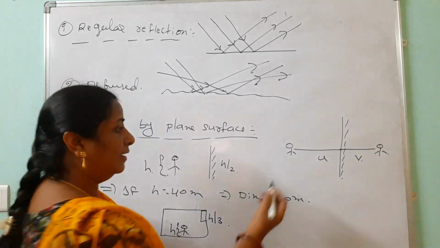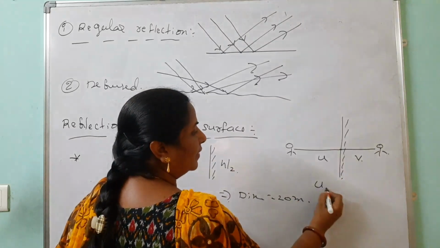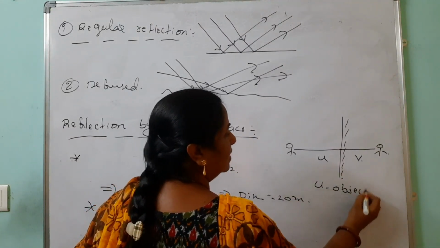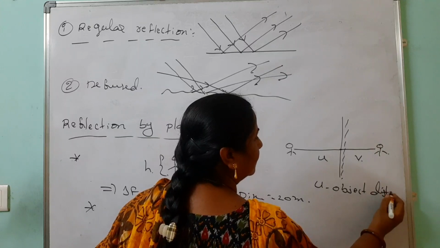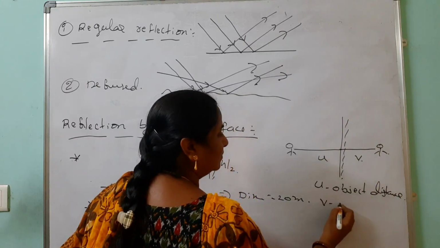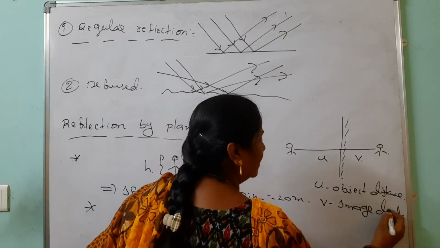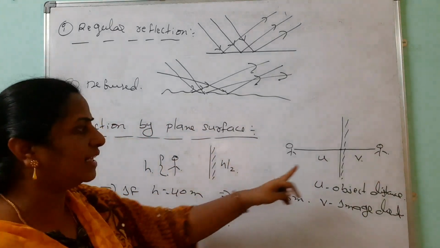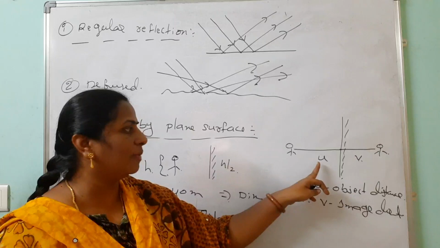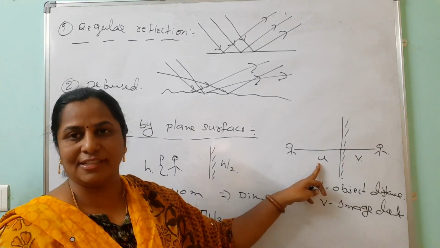So till now we discussed reflection by the mirror and different cases. Just now I said u is the object distance, and v is the image distance. Suppose the object is moving away from the mirror with a velocity of, like, 4 meters per second.